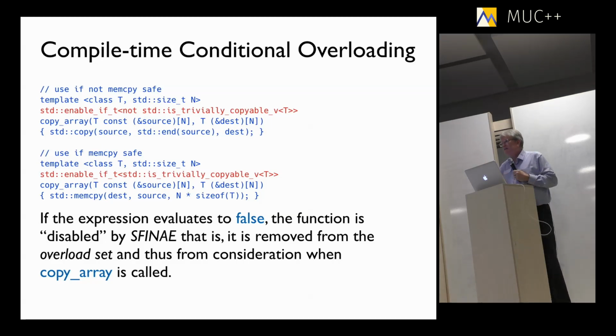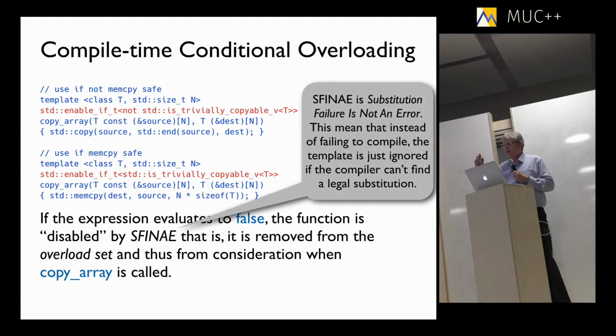What does SFINAE mean? Well, SFINAE actually means substitution failure is not an error. And what this means is that as the compiler is looking for things that you might be wanting to call, so you write code that says copy array, the compiler has to come up with what we call an overload set. The overload set is all the things called copy array that you might want to call.